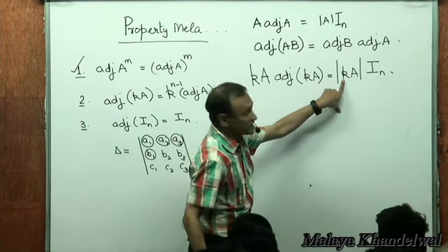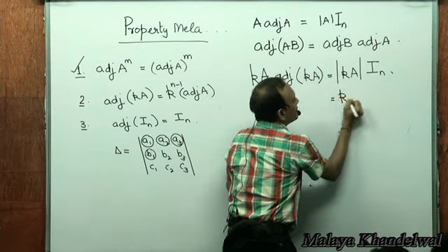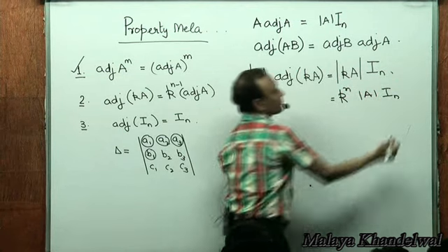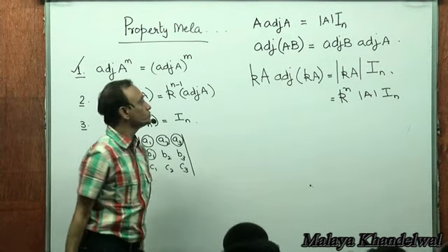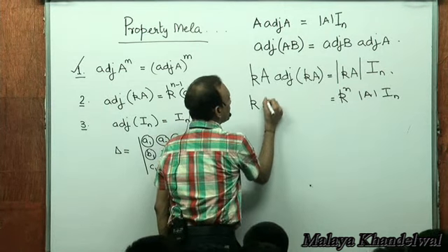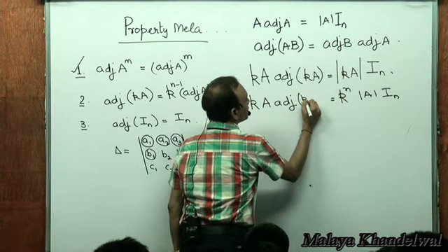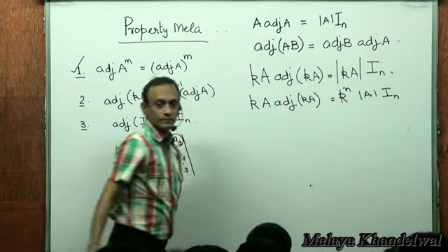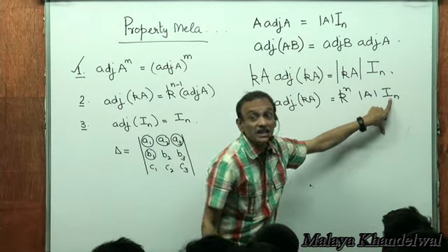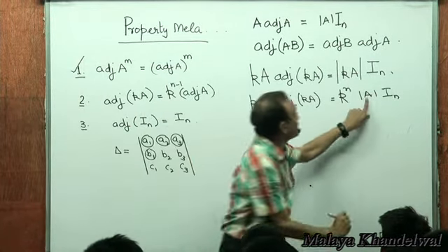So this would become K to power n times determinant A, In. Yes or no? What's the left hand side? The left hand side is KA adjoint KA. Is this so? But determinant A, In is A times adjoint A, isn't it?